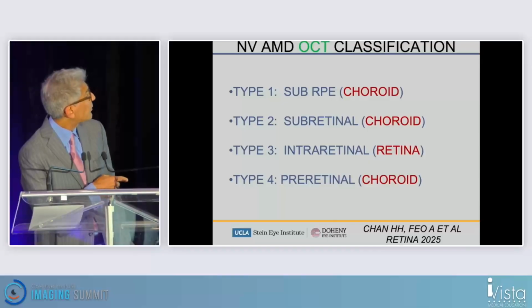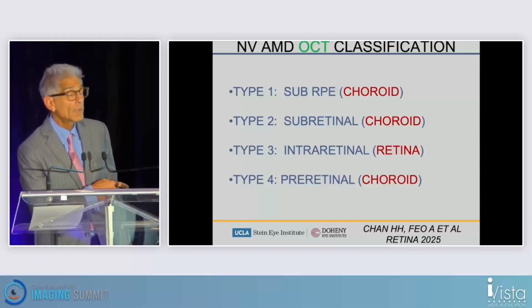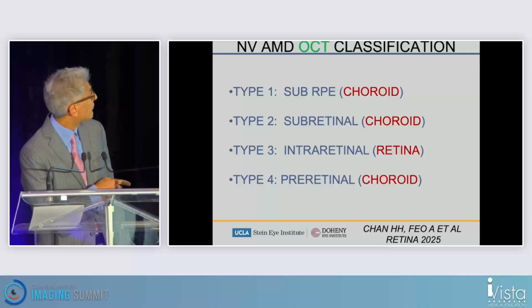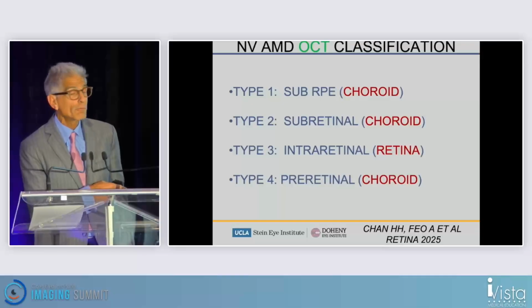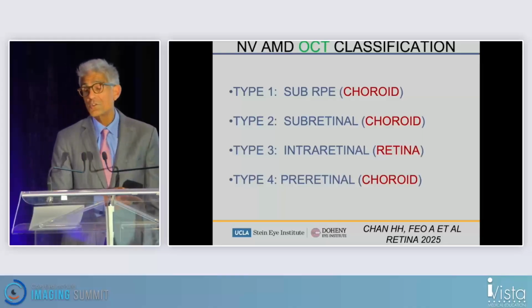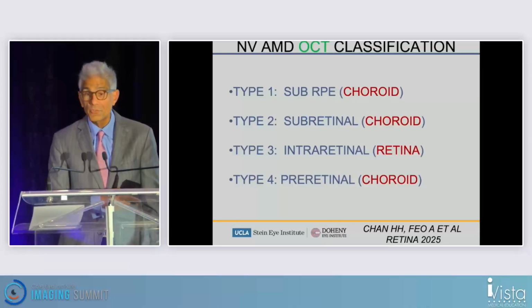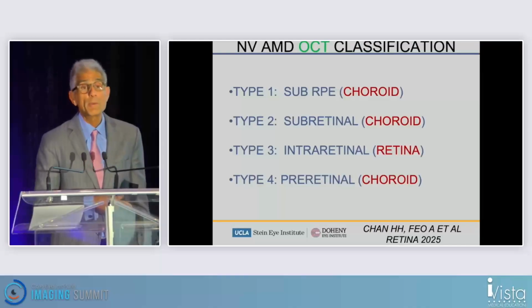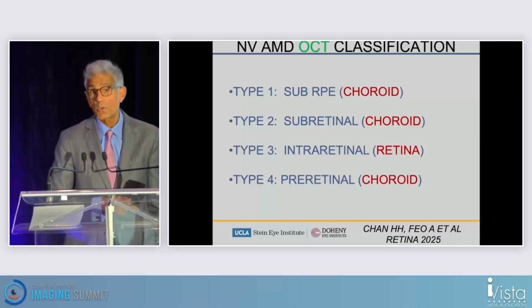A less common one in the older patients are these subretinal membranes that are the classic version on fluorescein angiogram. You can also have neovascular membranes originating from the retina with predominantly intraretinal exudation. And now we've identified this 4th version that has a particularly poor prognosis that does originate from the choroid but grows through the retina into the subcortical space.